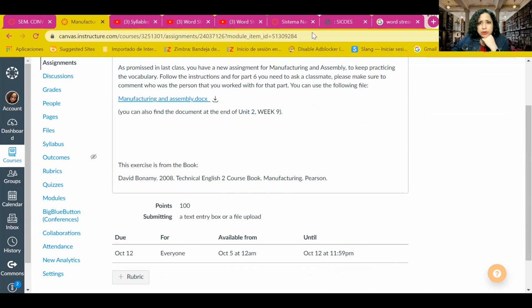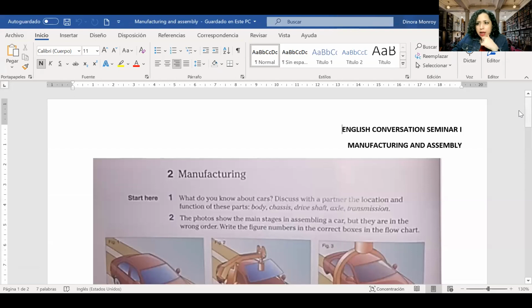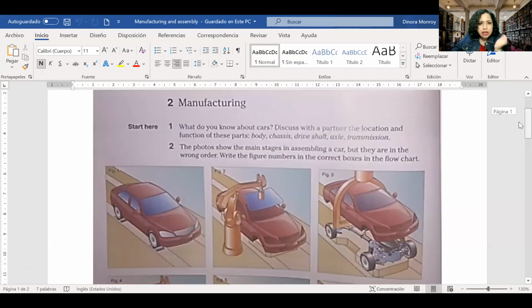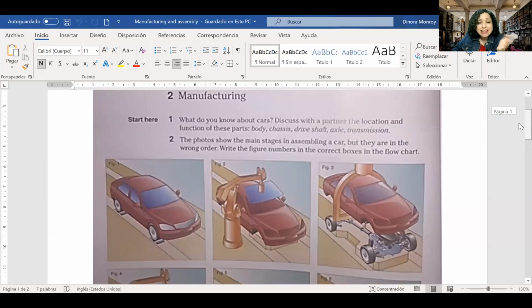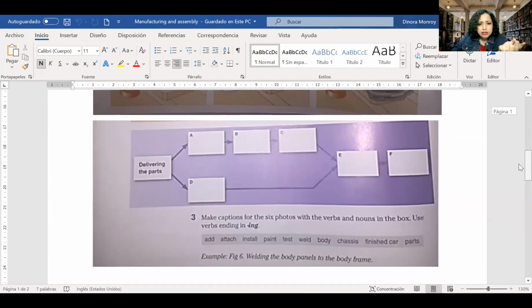So let me just show you, I included, that document is a Word document. So I'm gonna show you the Word document here. Let me make it bigger. So it's just this little part of this book that talks about manufacturing, and that you have to relate those pictures to the words that you have there.